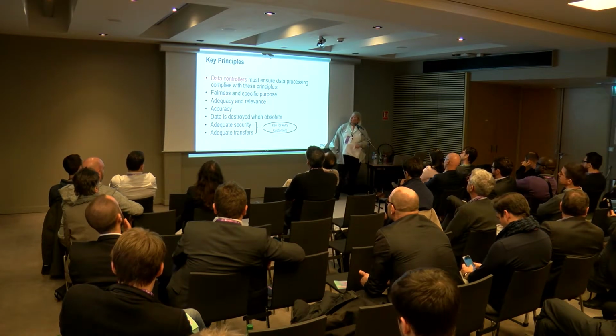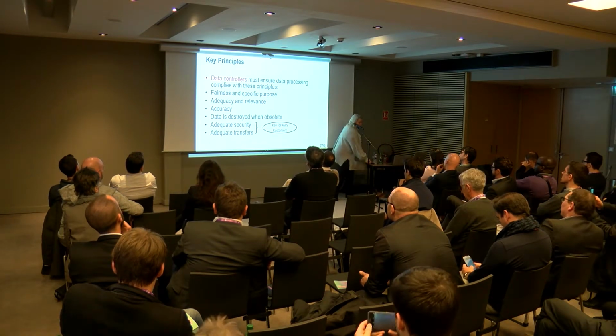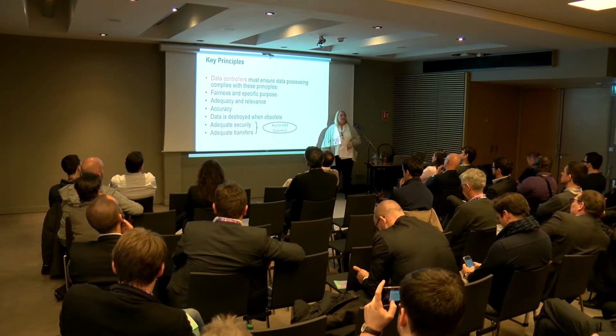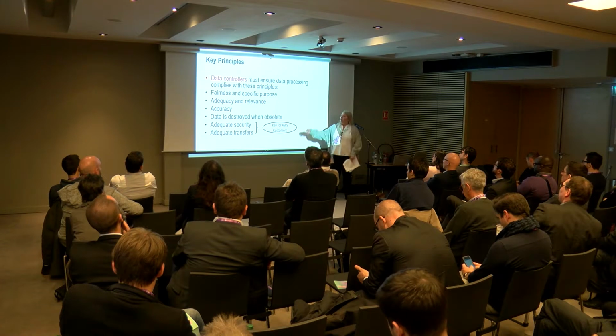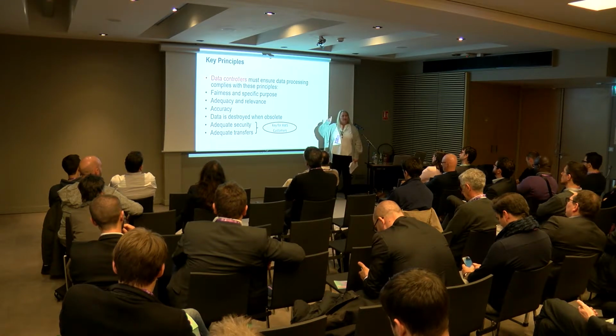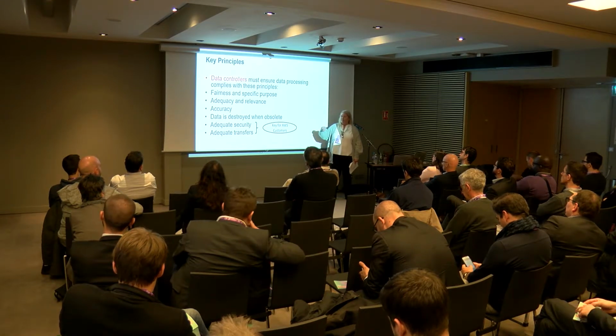All right, so here are the principles that you as data controllers must ensure that any data processing complies with. Processing needs to comply with the principle of fairness, and processing of personal data can only be for a specific purpose.